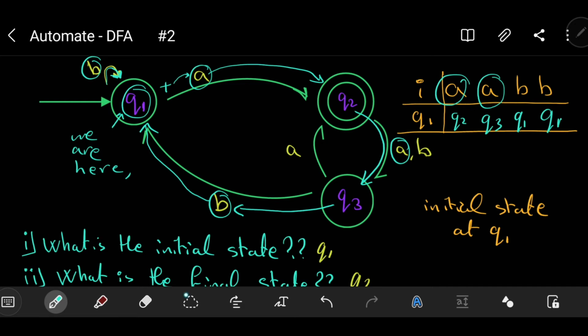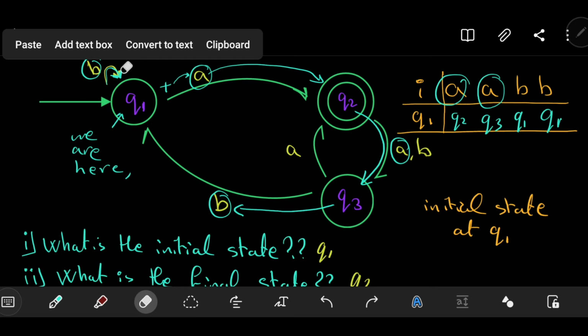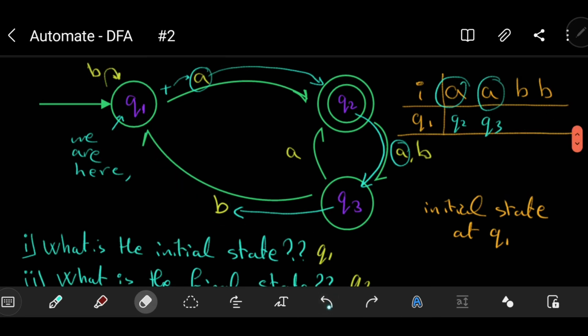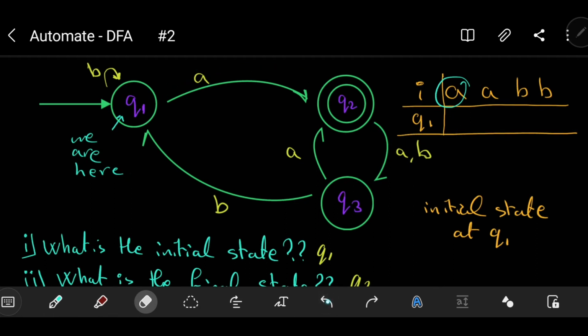This arrow indicates going to itself. Therefore, the final solution of AABB leads us from Q1, Q2, Q3, Q1, and Q1. Therefore, the final state of AABB would be Q1.